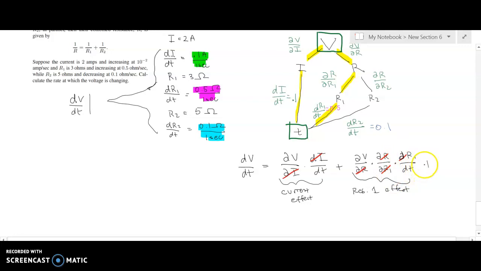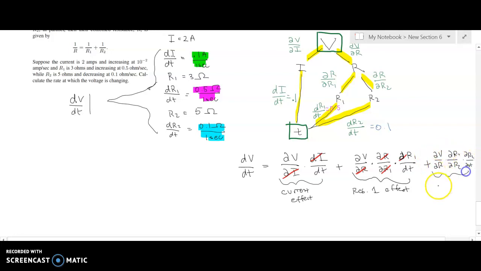To that, we're going to have to add the remaining component, which you might be seeing by now as dV/dR times dR/dR2 times dR2/dt. So I'll have plus dV/dR times dR/dR2 times dR2/dt.